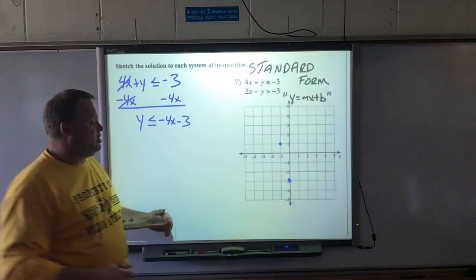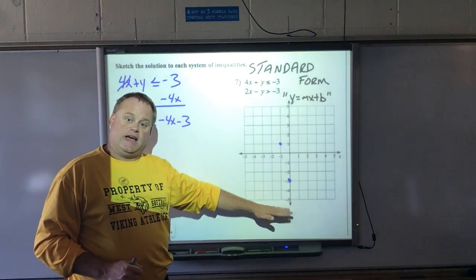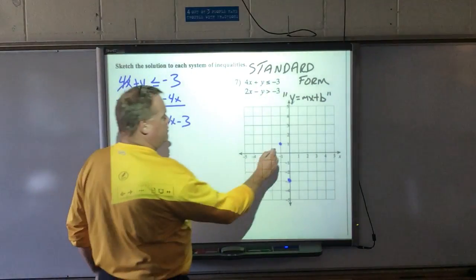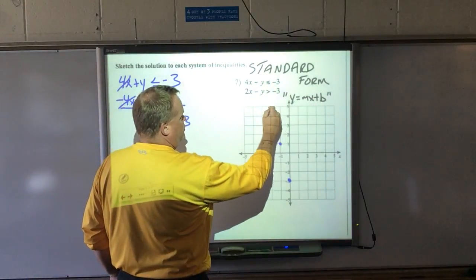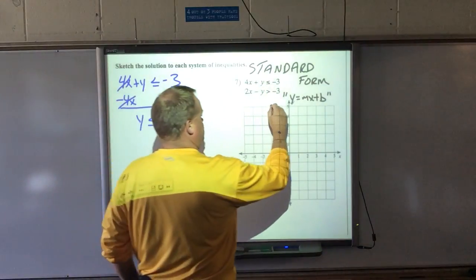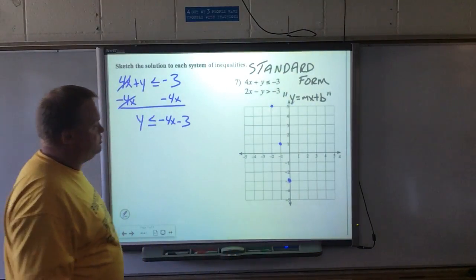The reason I didn't go down is that I would be off my graph if I went down and to the right. I can do one more, up 1, 2, 3, 4, over 1. So my graph is going to go in this direction. I know it's a solid line because it has the equal to bar underneath.